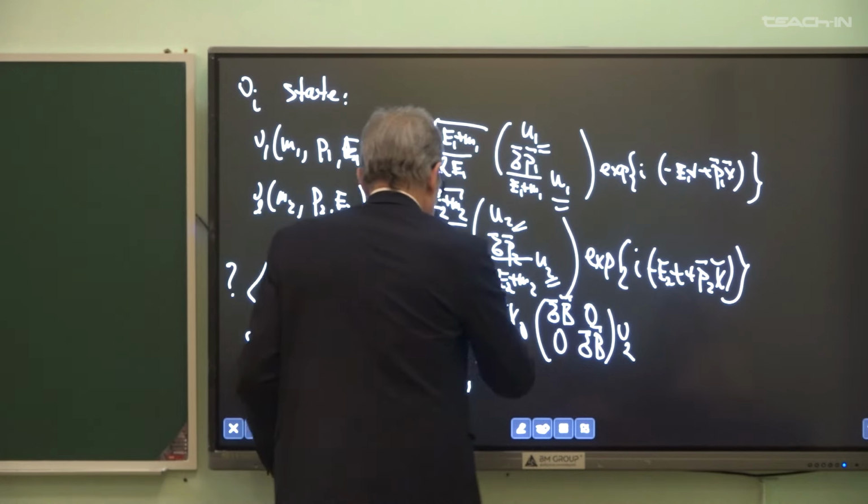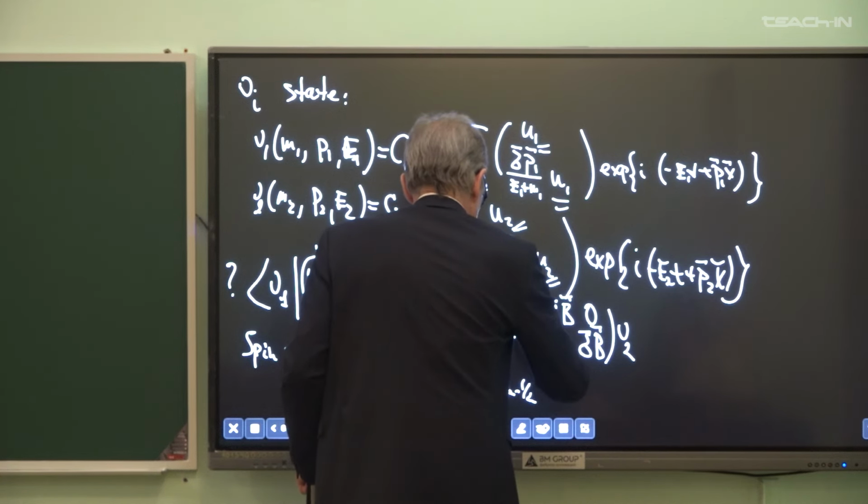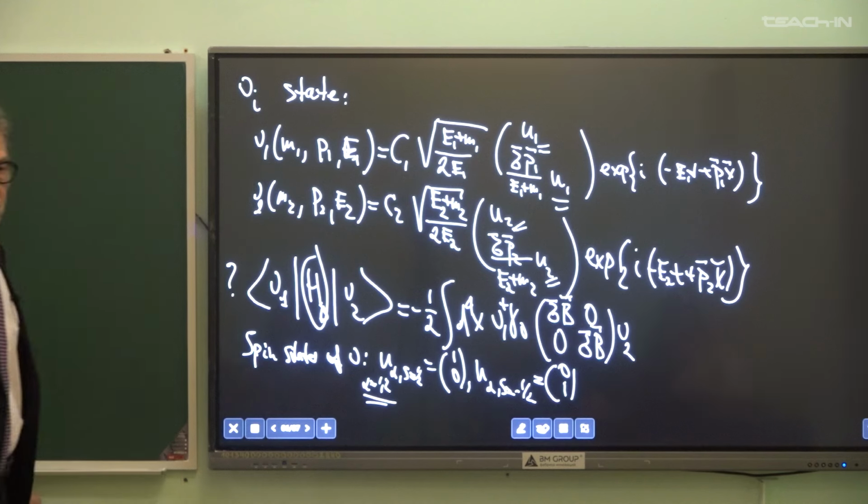And another spin state, that corresponds to the opposite spin orientation, equals (0, 1). So we also introduce the spin characteristics, yeah? So it means that we deal with two mass state neutrinos, each in two possible spin states.